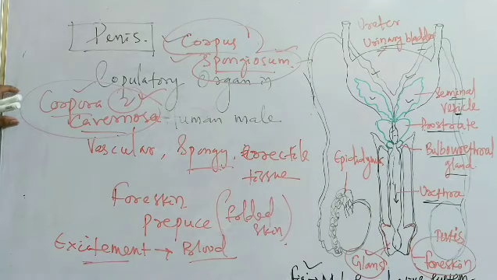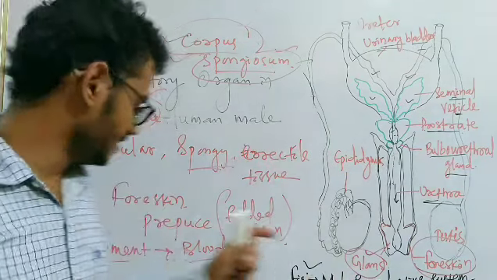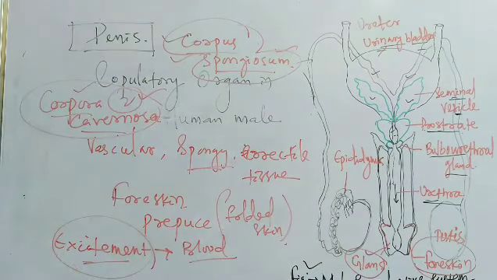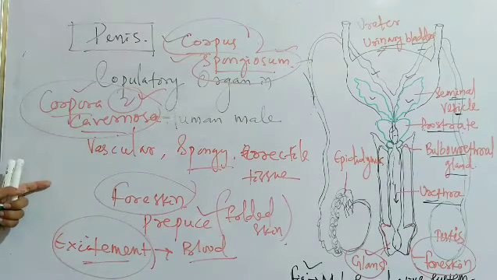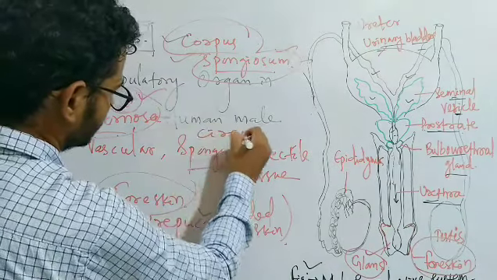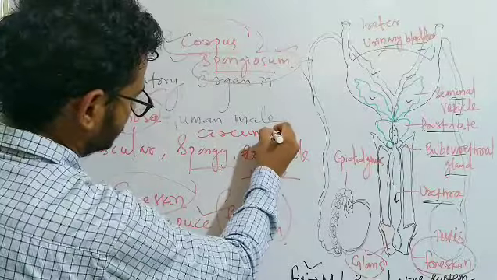These tissues are filled with blood during excitement or sexual intercourse. The surgical removal of the foreskin, or the prepuce, is known as circumcision.